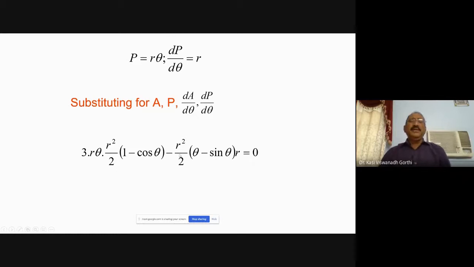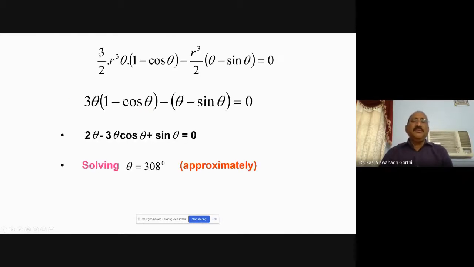Try to simplify this equation. You will get r cube, which gets cancelled, and 2 also gets cancelled. You have 3 theta into 1 minus cos theta minus theta minus sin theta equal to 0. In other words, 2 theta minus 3 theta cos theta plus sin theta is equal to 0, a trigonometric equation.